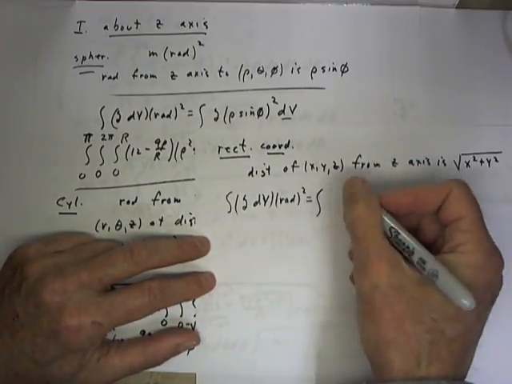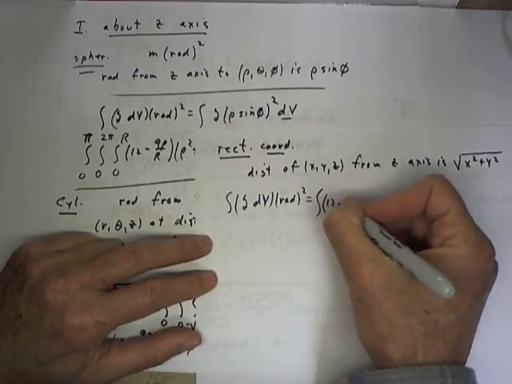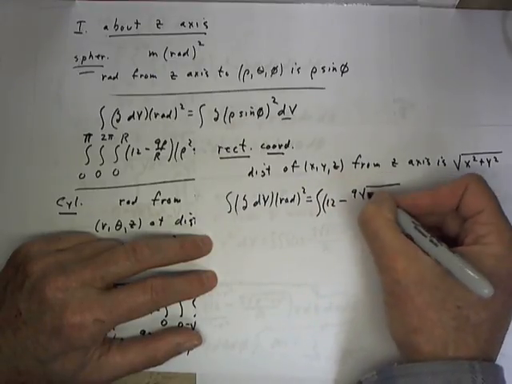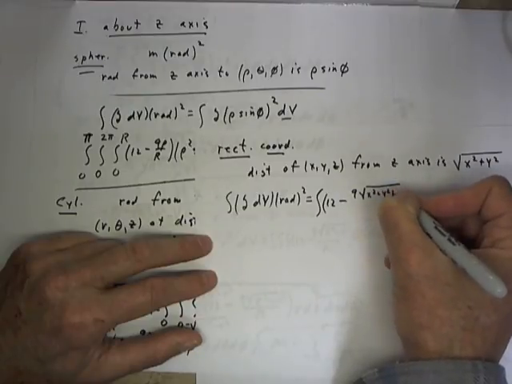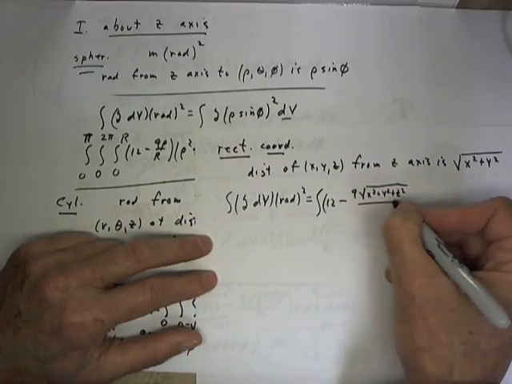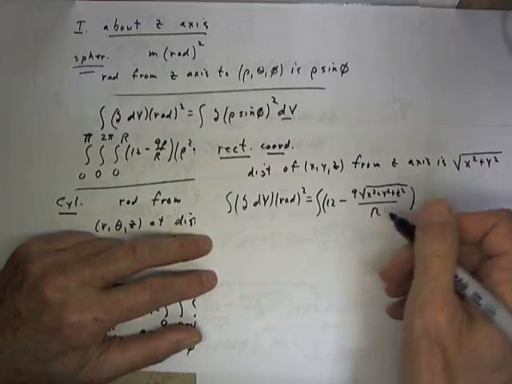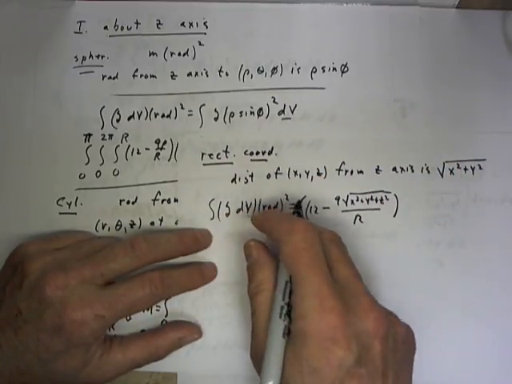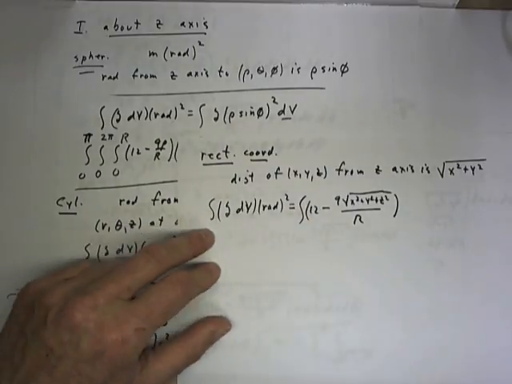Well, it's going to be the integral of quantity 12 minus 9 square root of x squared plus y squared plus z squared over r, times r dv times r radius squared.